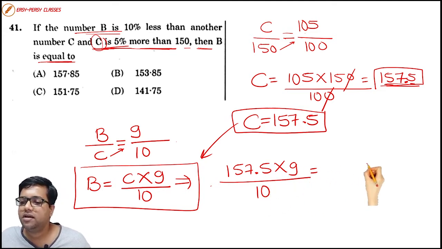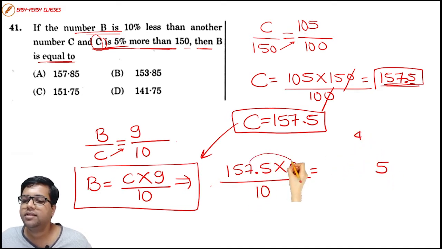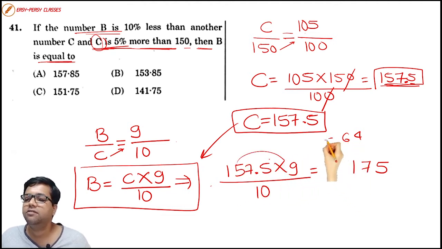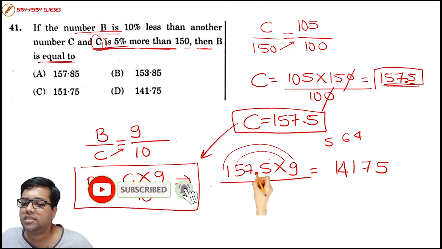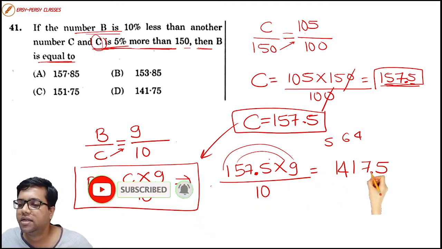Now multiply 157.5 into 9. 9 5s are 45, 4 carry over. 9 7s are 63, 63 plus 4 is 67, 6 carry over. 9 5s are 45, 45 plus 6 is 51, 5 carry over. 9 ones are 9, 9 plus 5 is 14, and you have a decimal point over here.